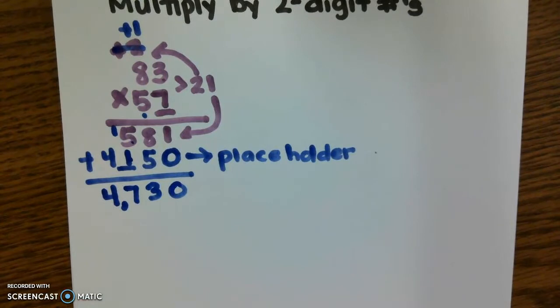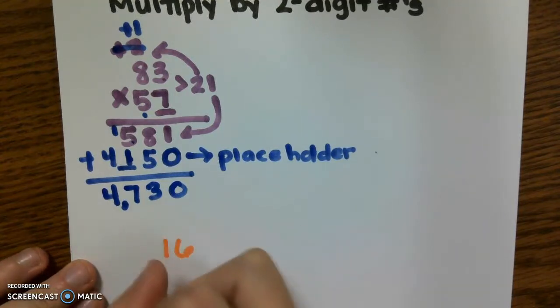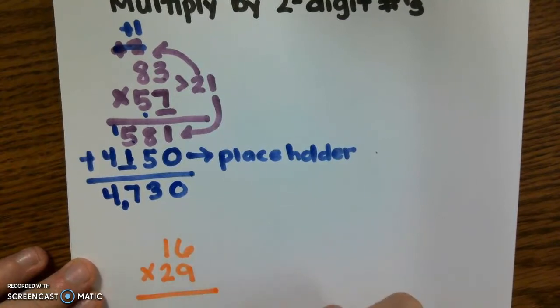Okay. Now, I'm going to do another example, and then I'm going to show you a way to check it using partial products. Okay. So if I have a problem like 16 times 29. Okay, my first step is to look at the ones place on the bottom on the equal bar.